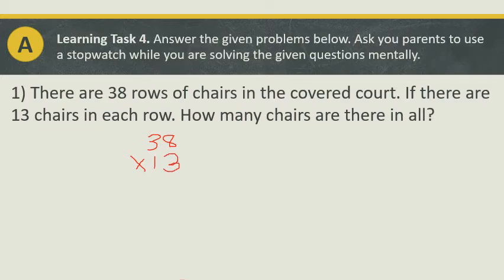So, ngayon, i-expand muna natin siya, maging 30 plus 8. Then, yung 13, i-expand rin natin siya, magiging 10 plus 3. Ito ay magiging times 10 muna, tapos yung isa naman ay magiging times 3.